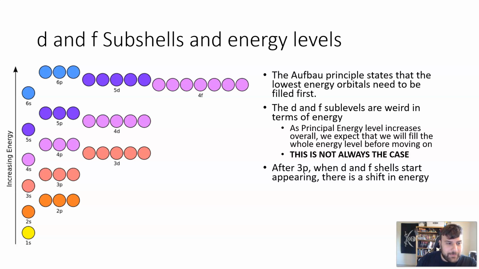Some of you picked this out in class, and some of you might have already noticed it, but the principal energy level, so that number that goes in front, does not fit with what the actual energy of the subshell is.